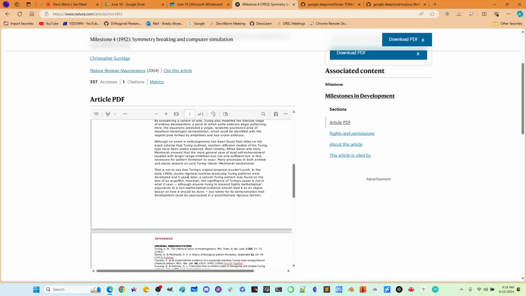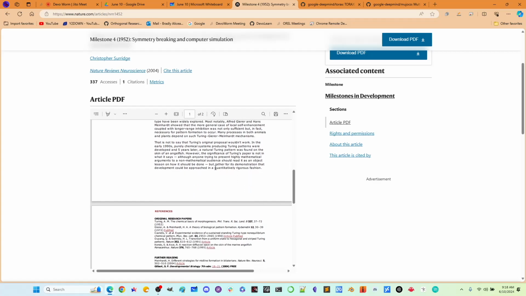And so here it says that is not to say Turing's original proposal wouldn't work. In the early 1990s, purely chemical systems producing Turing patterns were developed, and 5 years later, a natural Turing pattern was found on the skin of an angelfish, and that's the reference to the angelfish. However, the significance of Turing's paper is not in what it says, but rather for its demonstration that development could be approached in a quantitatively rigorous fashion.